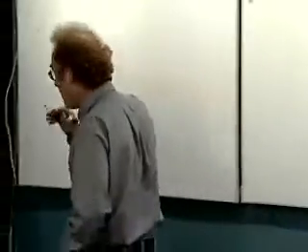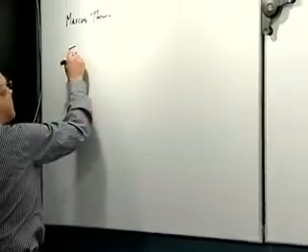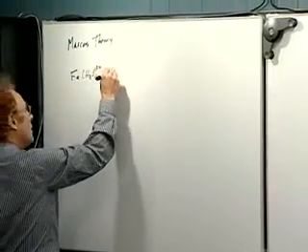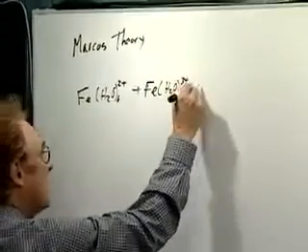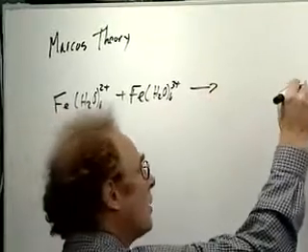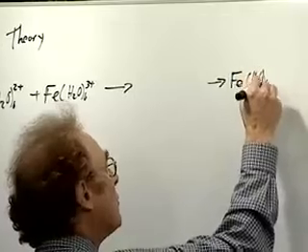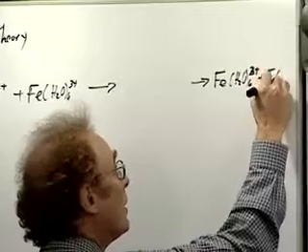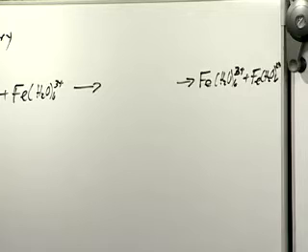Okay, so let us start and think about the simplest electron transfer reaction. The simplest electron transfer reaction we're going to think about is the ferrous-ferric aquo, Fe(H2O)6 3+ plus Fe(H2O)6 2+.